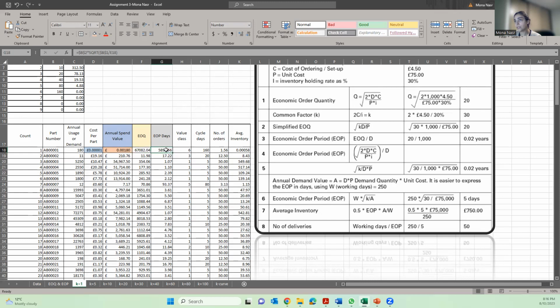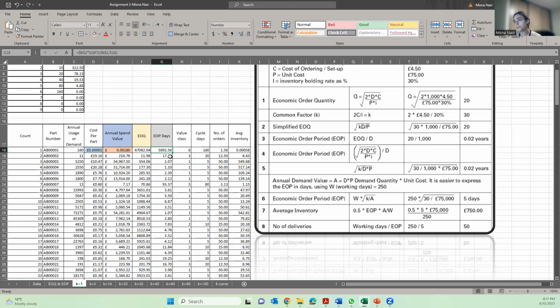And then we need to calculate EOP in days. You can see the formula in the picture: W times the square root of K divided by A, which here is 250 times the square root of 1 divided by 210.76.